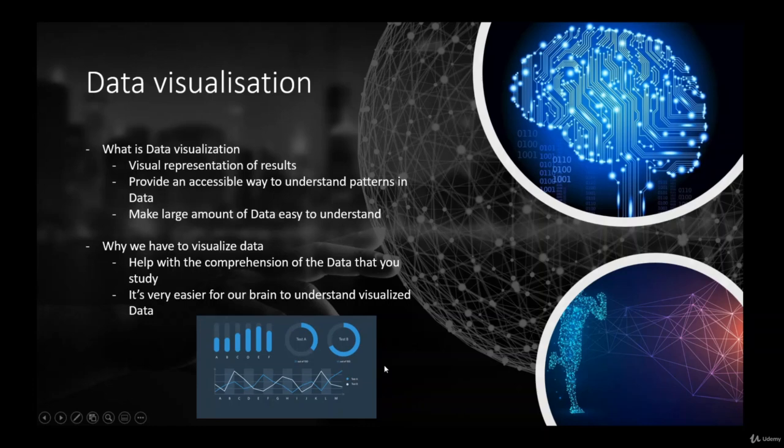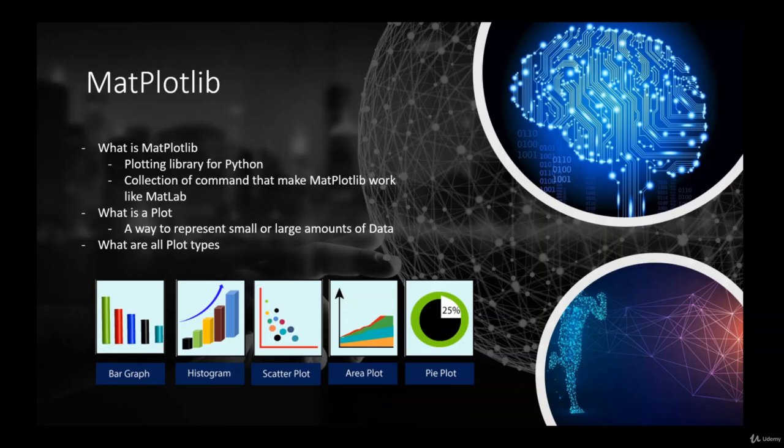All right, so in Python there is a way to represent data visually. We talked about different tools that are math tools and other things in the past few classes, but to visualize data, there is a tool called Matplotlib. Once again, this is part of the Python library. So what exactly is Matplotlib? Matplotlib is a plotting library for Python. In other words, it works pretty much like MATLAB.